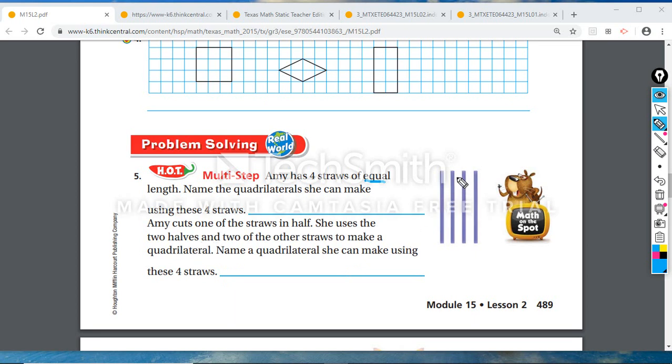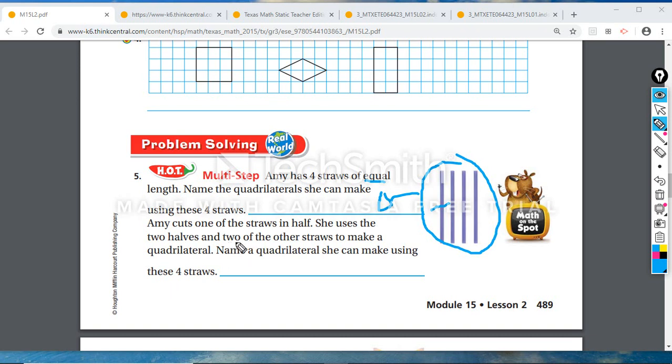So she'll cut one. So let's go ahead and figure out this section here and then go to the next one where she cuts one in half and she uses these two halves with these other three straws of equal length and names a quadrilateral she can make using these four straws.